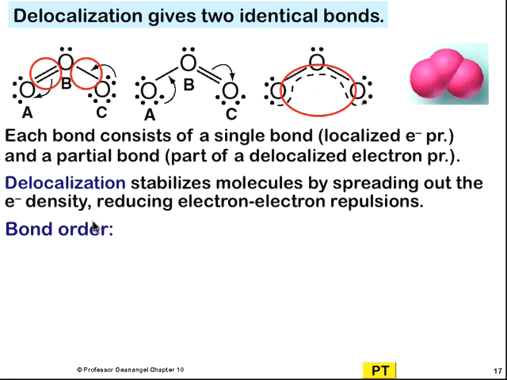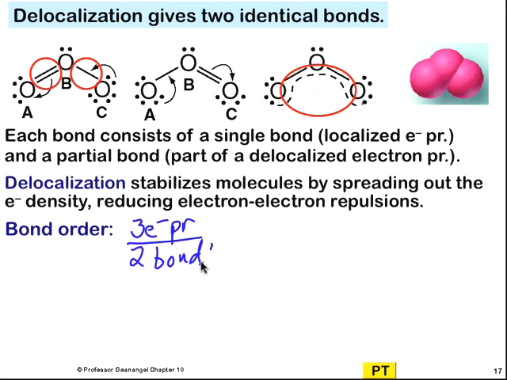Now, if we want the oxygen-oxygen bond order for ozone, we can look at just one of these resonance forms. We see there are two linkages. This is one, and this is one. There are 1, 2, 3 pairs of electrons for two linkages, so 3 electron pairs over 2 bonds.